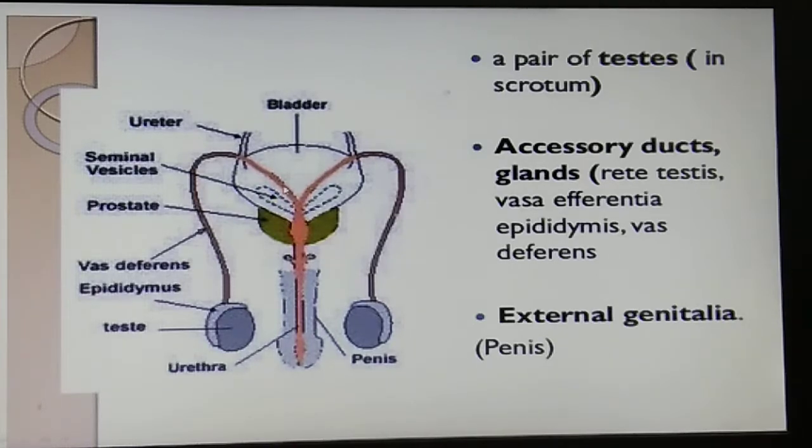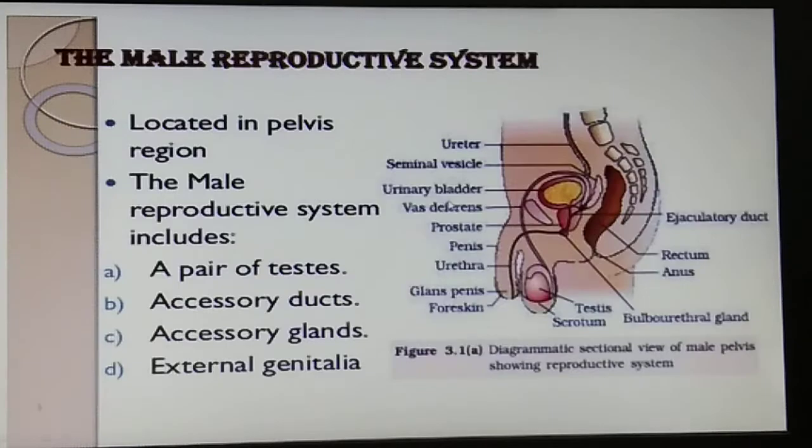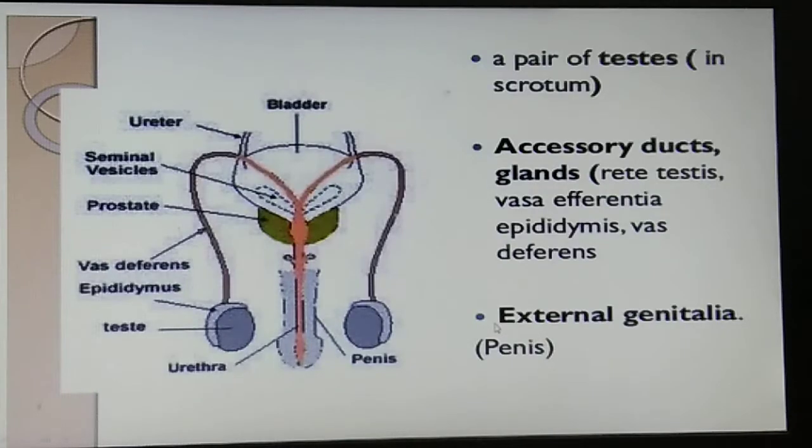Now these are the testes, which are situated outside the abdominal cavity within a pouch known as scrotum. You can see here, this is scrotum. It is just to maintain the temperature, fine.